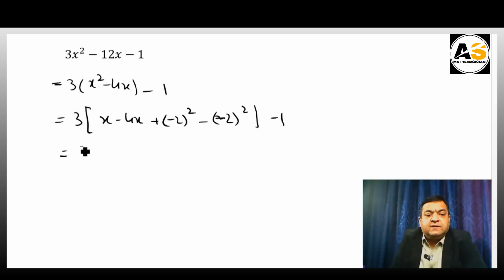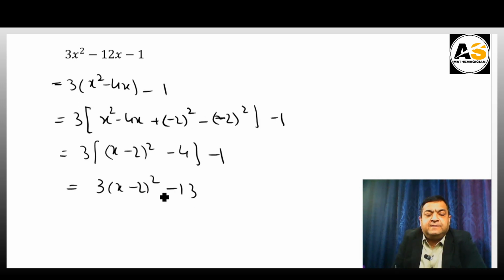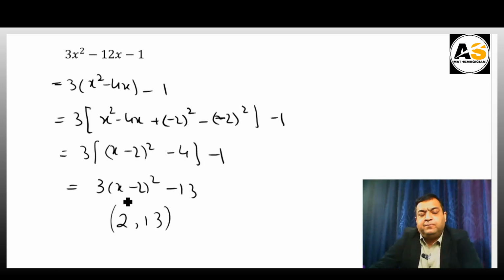This will give us 3 times x minus 2 square. This minus 2 square is 4. So this will be 3 times x minus 2 whole square minus 13. So what will be the vertex? 2 and minus 13.